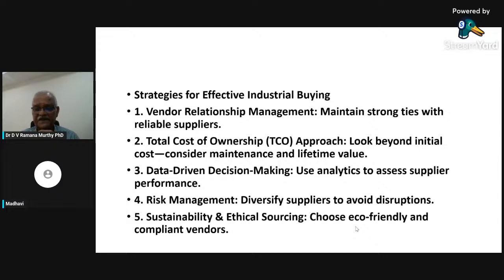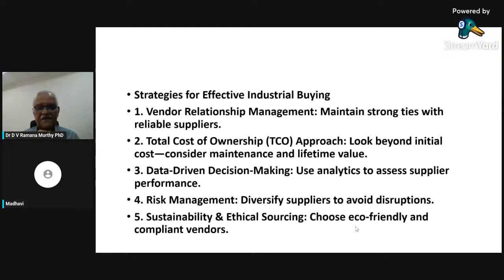Analyze their supplies, their credit, their quality, their credibility, whatever. Use all the data, analyze, and then make a clear guideline that yes, we can tick this supplier. So data-driven decision making is another important strategy.